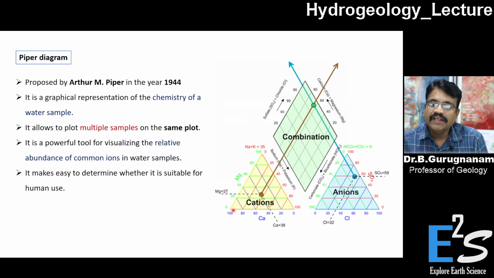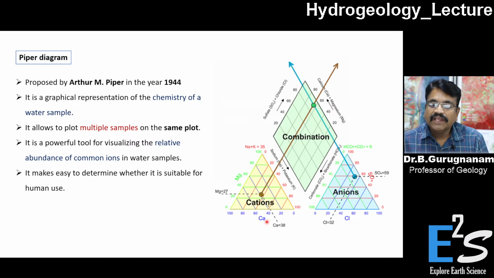So this is the diagram. There are two triangular diagrams. The left one is cation, and the right side triangle diagram is anion. In the left side triangle, we have taken calcium at one end, magnesium at the top, and sodium plus potassium at the right end.